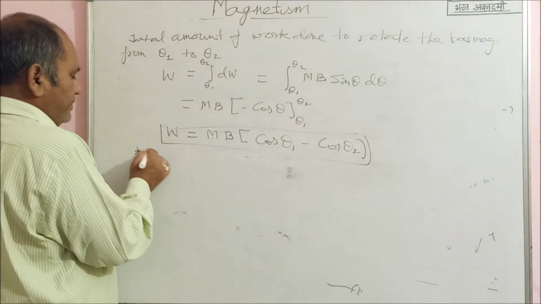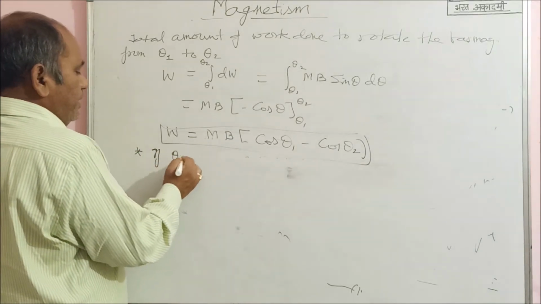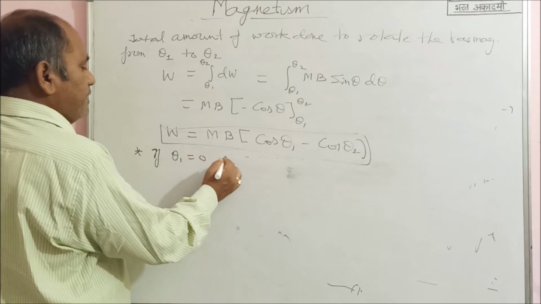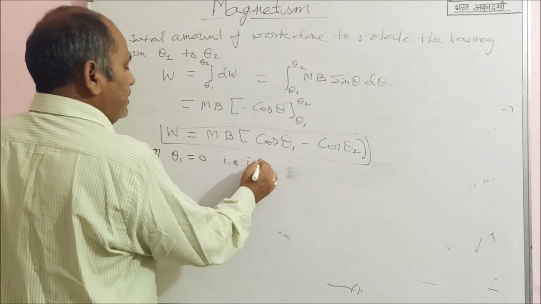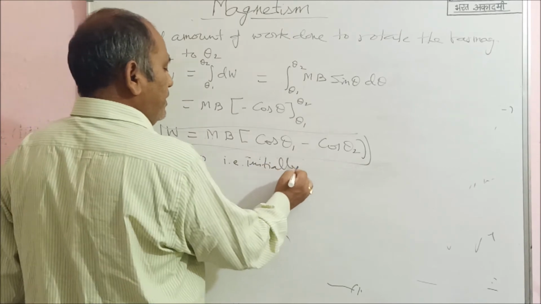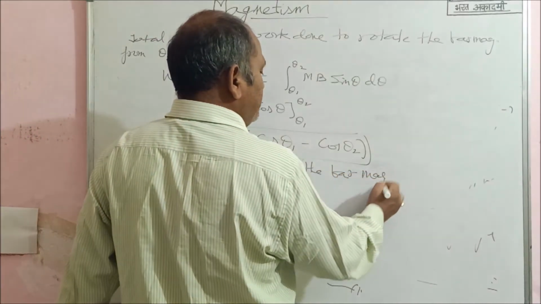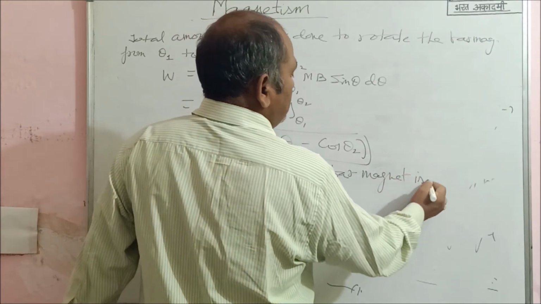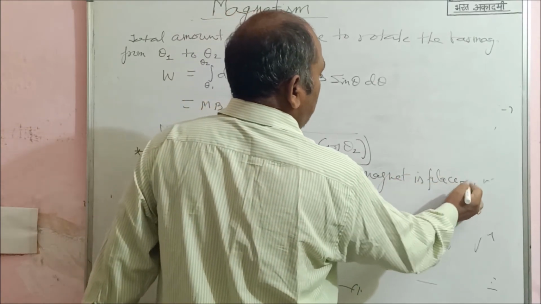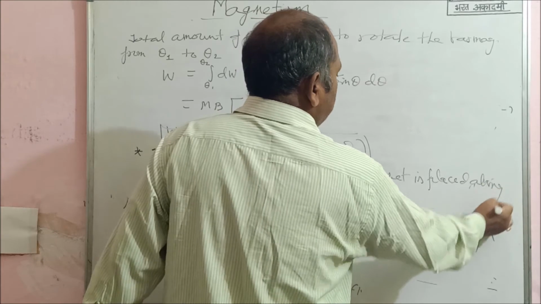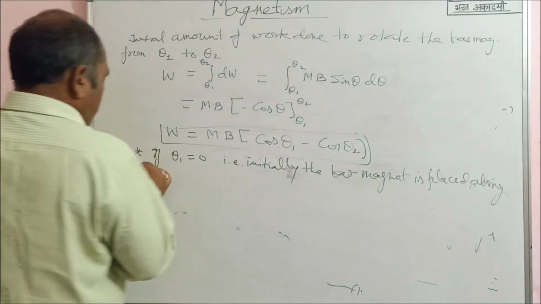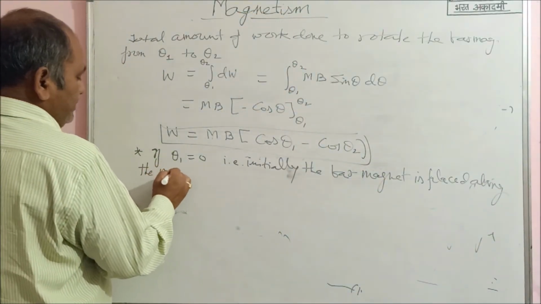Special cases: if theta 1 is 0, that is initially the bar magnet is placed along the magnetic field direction.